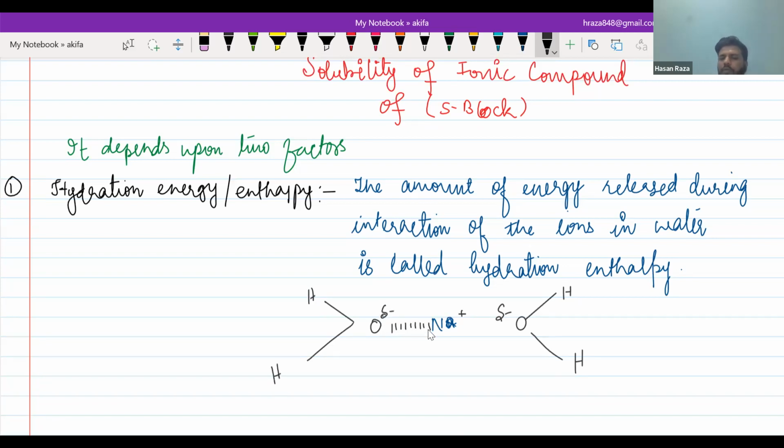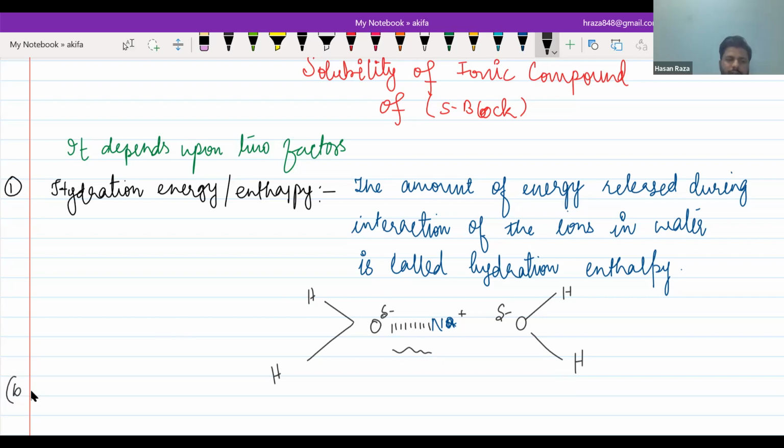So there will be force of attraction between them, interaction between them. And whenever there is force of attraction, energy will release. That energy is called hydration energy or hydration enthalpy. Is that clear? Yes. Okay.